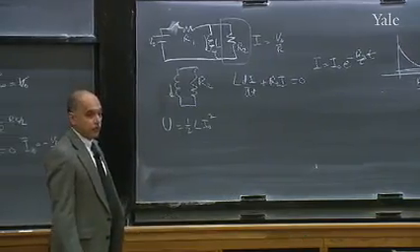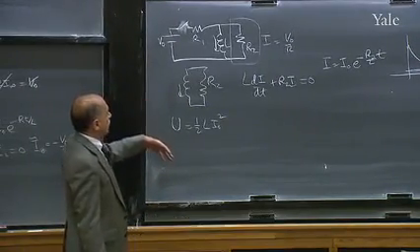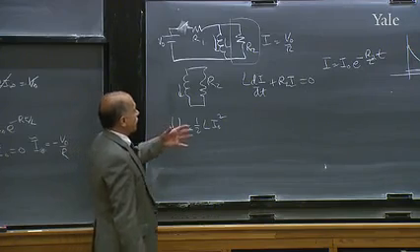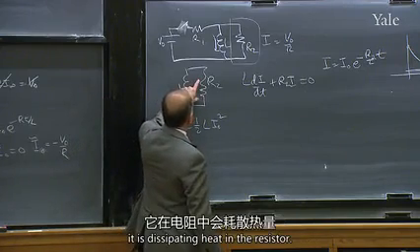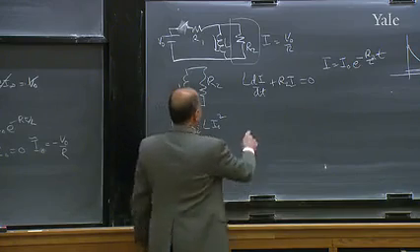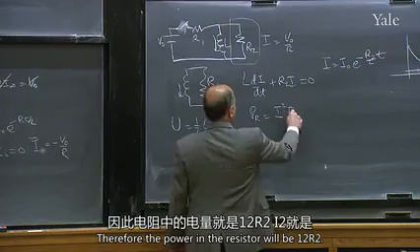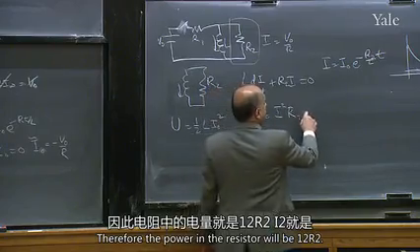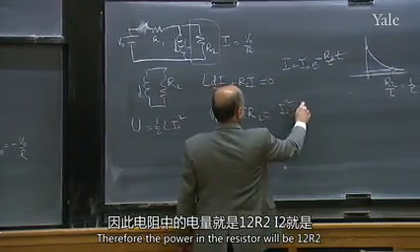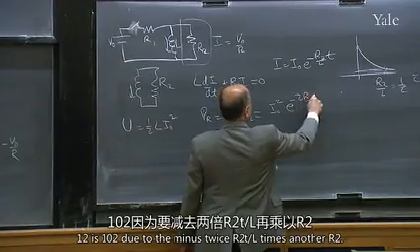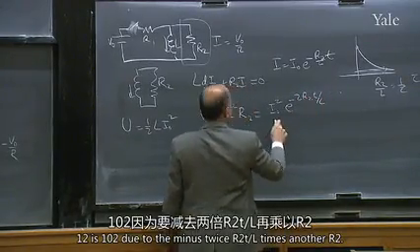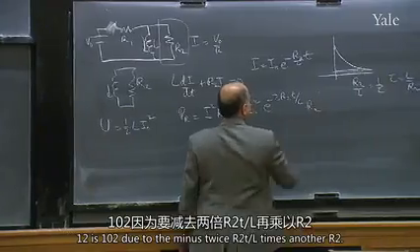What happened to it? Well, we know what happened. There's a current in the circuit, and when the current is flowing, it is dissipating heat in the resistor. Therefore, the power in the resistor will be I squared R2. I squared is I0 squared e to the minus 2 R2 t over L, times another R2.